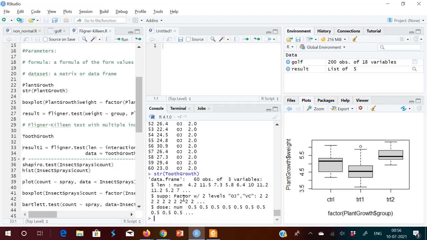You can see there are supplement, dose, and length of the teeth, so three variables are there. You can take length versus these two independent variables: length as len, and independent variables supp and dose. When we have two independent variables, what to do? That's what we are going to see here.